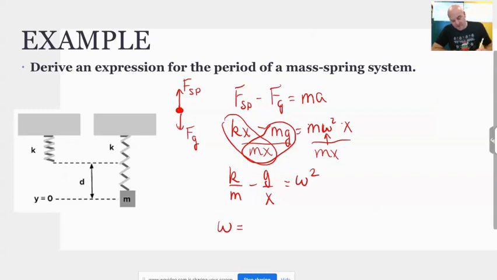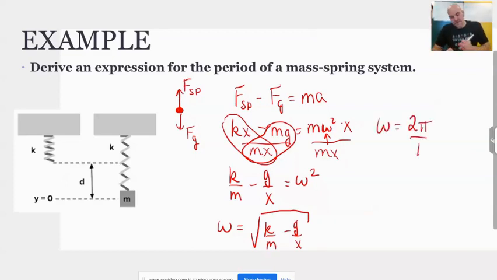So omega will be the square root of k over m minus g over x. All right. And now I need to substitute that into the omega equation. So omega equals 2 pi over T, and so T would be 2 pi over omega. And so it's going to be 2 pi over the square root of k over m minus g over x.